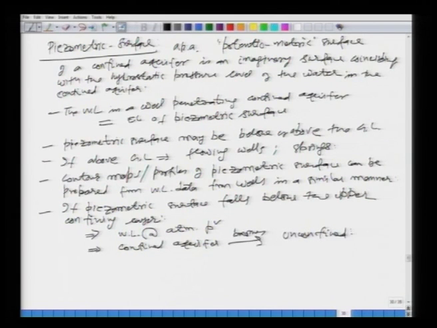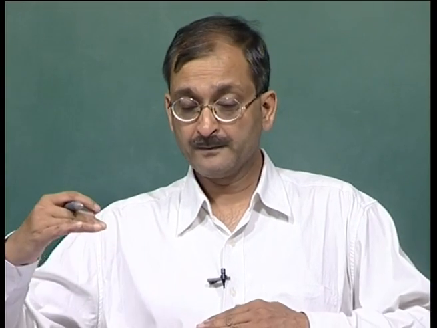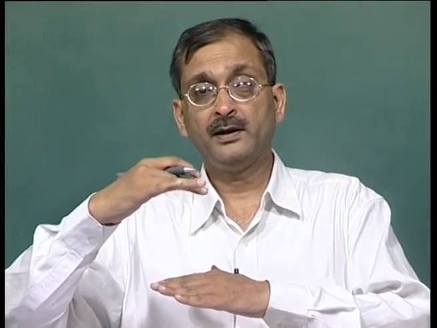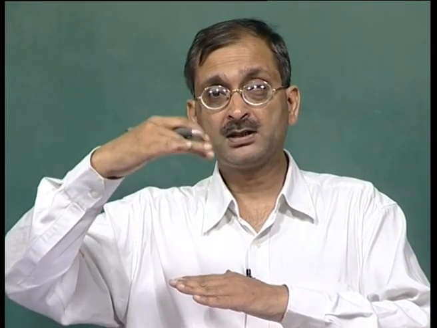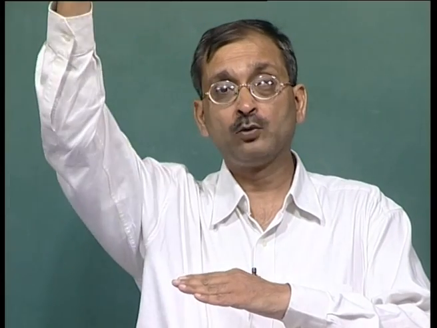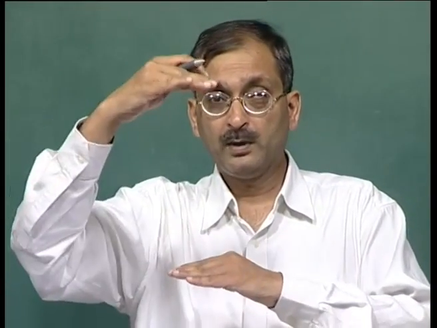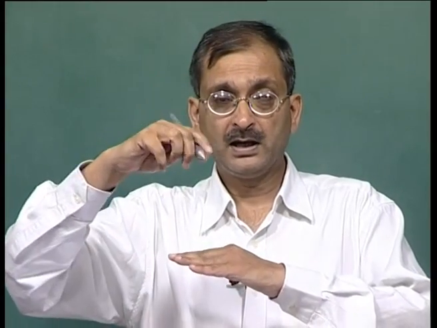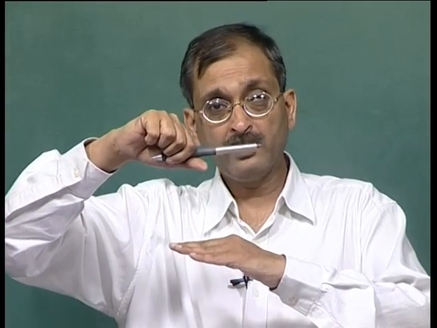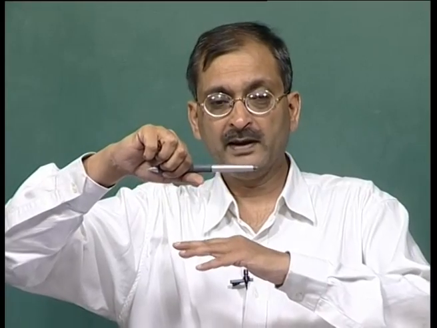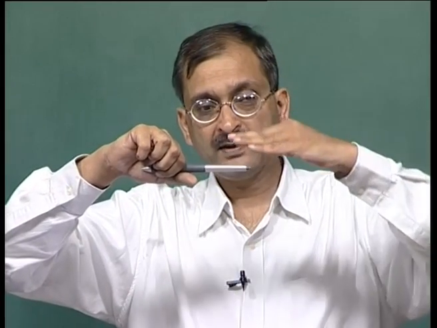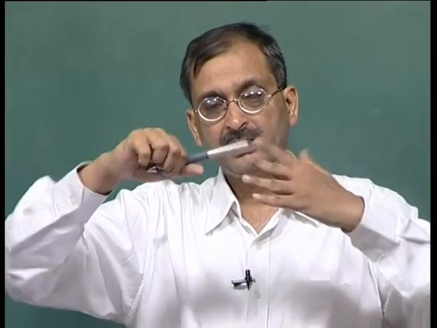Okay. Try to understand this. What we are saying is that if you have a confined aquifer in which the piezometric surface is above the ground level, you have a flowing well, or the springs. But if the piezometric surface drops below the upper confining layer, then what happens?